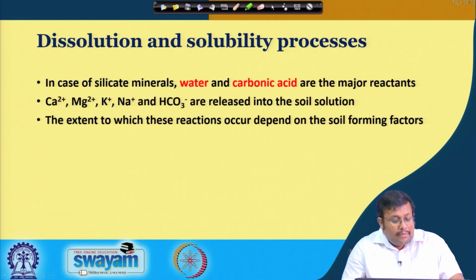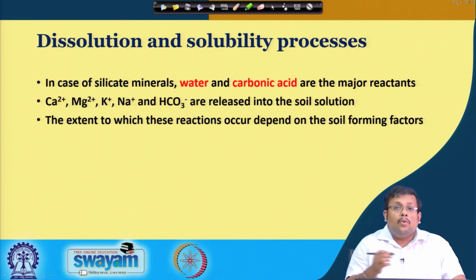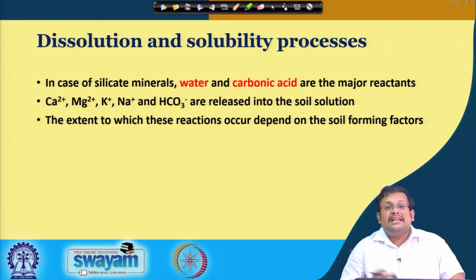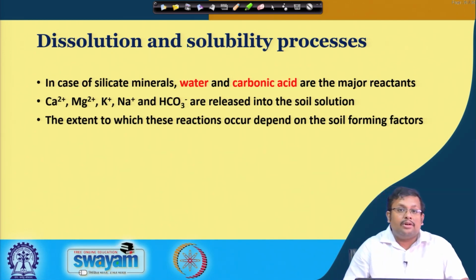Now, in the case of silicate minerals, water and carbonic acids are the major reactants, as we have already seen, and calcium, magnesium, potassium, sodium and bicarbonate are released into the soil solution, which you have just seen.